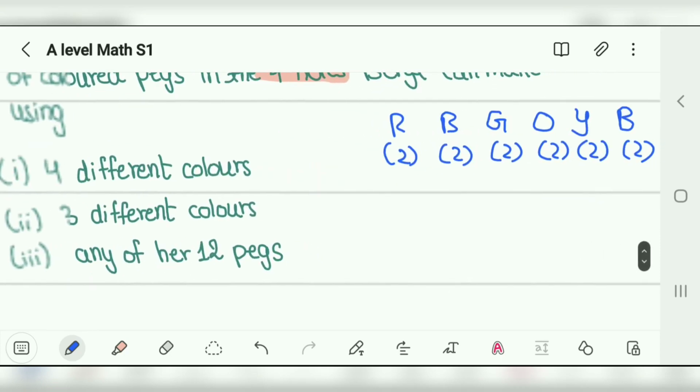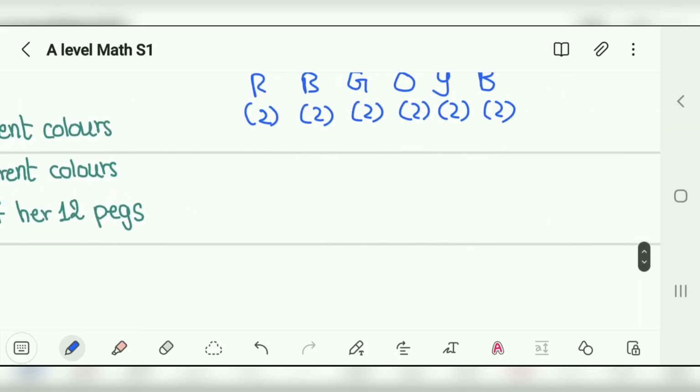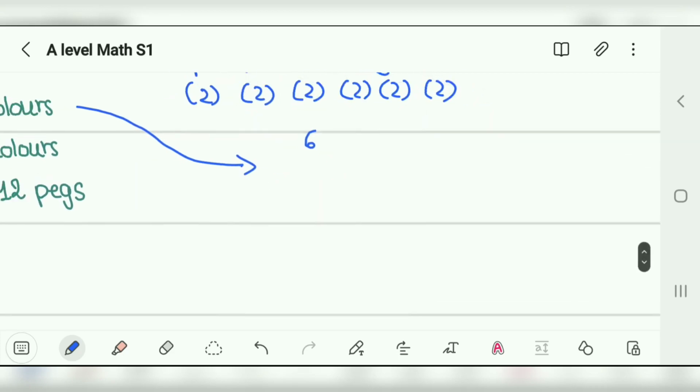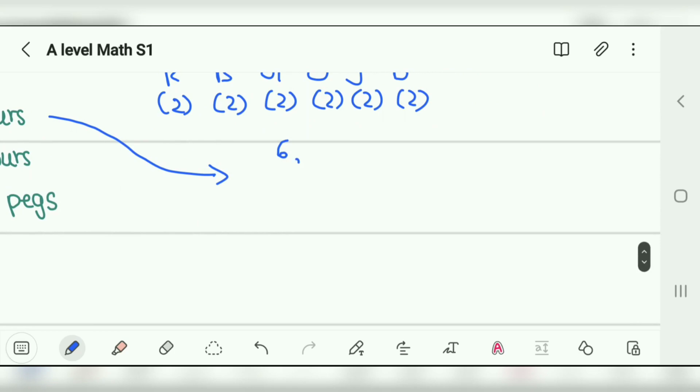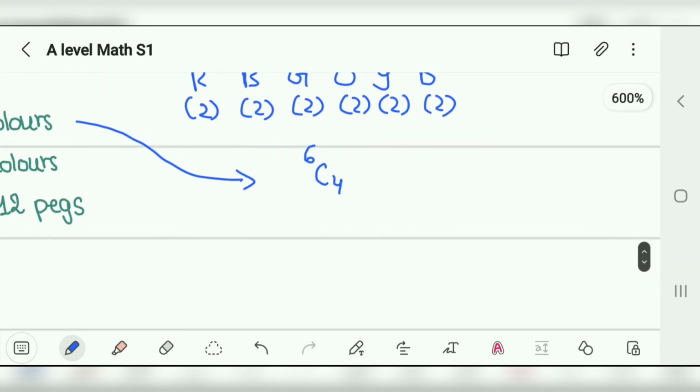It says 4 different colors, which means we're going to neglect those which are repeated. We're going to take 6: red, blue, green, orange, yellow, black. It becomes 6, neglecting any other bags which are identical. So 6C4, and then it says different arrangement, so multiply by 4 factorial.